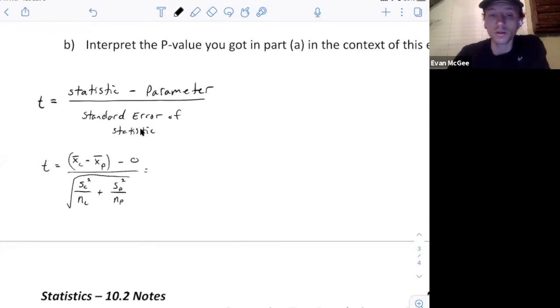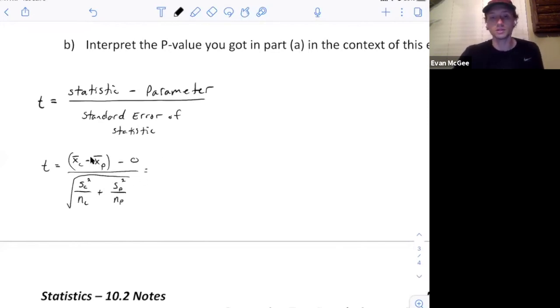And this is what our formula will look like. We have the difference between our two sample means minus the null divided by the standard error of the statistic, where we have the standard deviation of the calcium group squared over its sample size plus the standard deviation of the placebo group squared over its sample size.